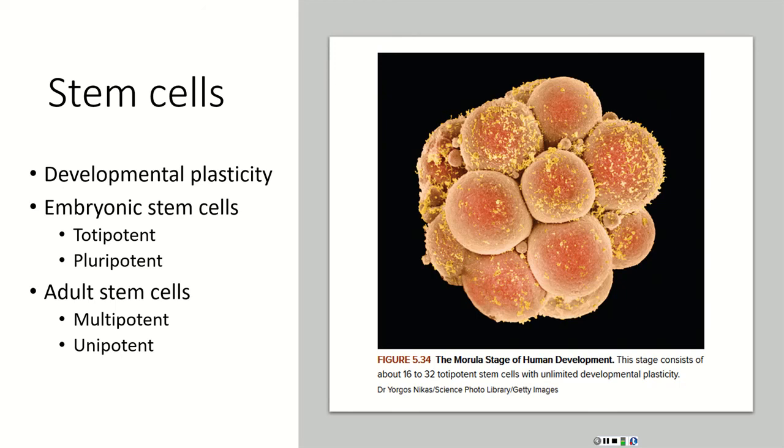What we can see is once we get past this stage, we are more and more limited. The earlier on, the broader the range of cell types that each cell can produce. But the older we get, and when I say older, I don't mean elderly, I mean days old, we are becoming more and more limited.